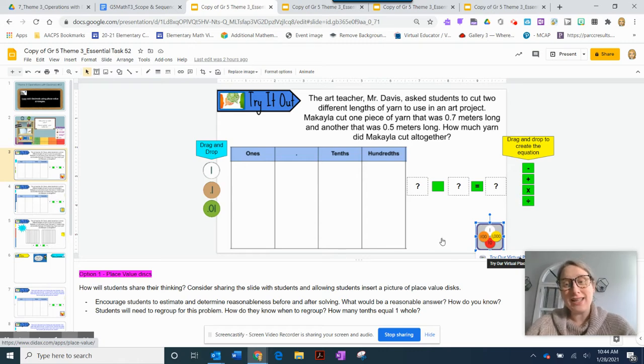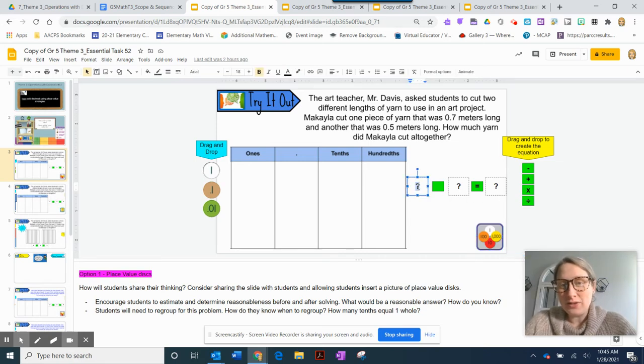The other option is they could tilt their camera down and use their place value discs and insert a picture. You'll notice these little equations on the side. Students can just go ahead and double click and type in, in this case, the addends and the sum. They could drag an addition sign over to notate that it is addition.